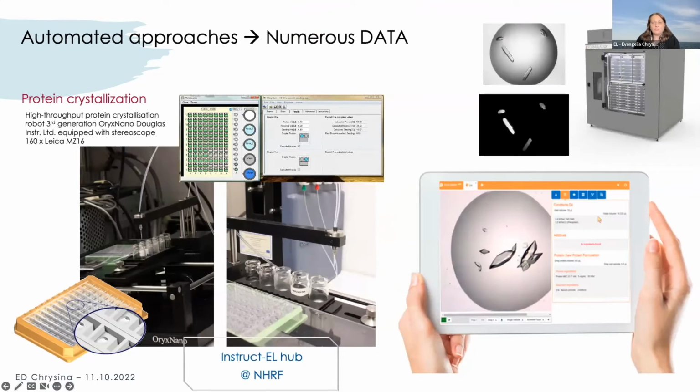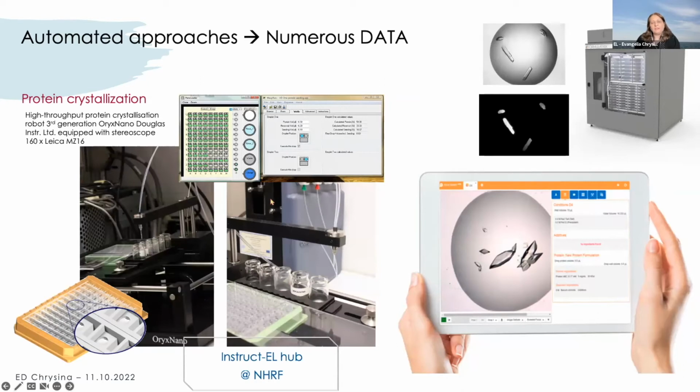Of course, the increase in the different automated approaches and procedures has already led to a lot more data that we need to handle, even for providing access to users remotely and generating images of their samples when they crystallize before we determine their three-dimensional structure, or we have different robotic facilities in order to handle our experimental work.